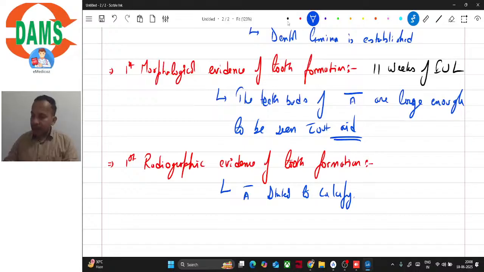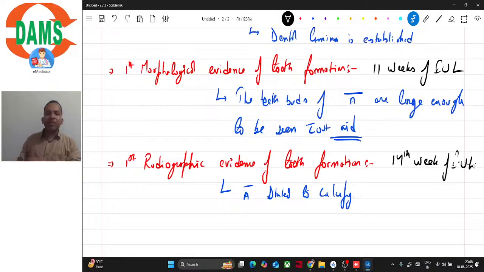So now they can be seen on the radiograph, right? So this is seen at the 14th week of intrauterine life, right? So these are some different dates that you need to remember. They are important, and sometimes questions may be asked on these dates, right?